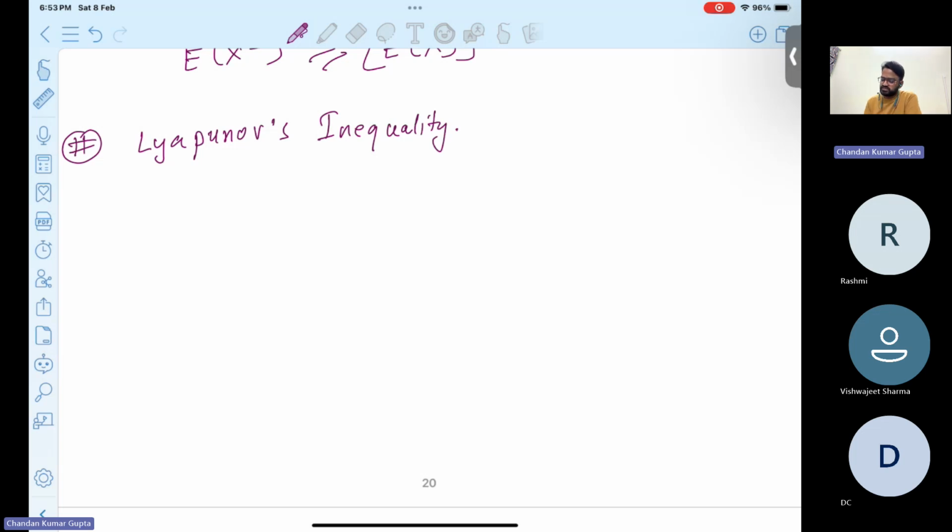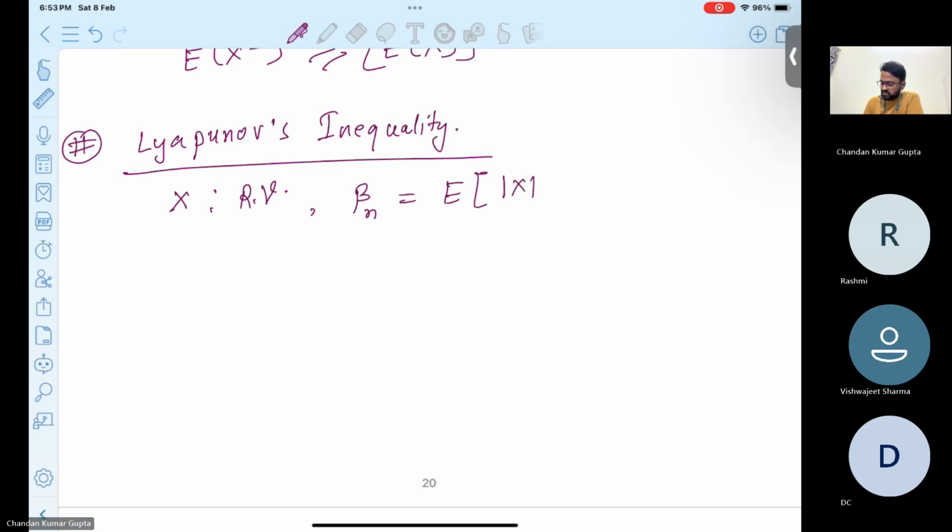Again, suppose we have a random variable X. We define beta n, which is the expected value of X to the power n, and it is a finite value, so it exists.